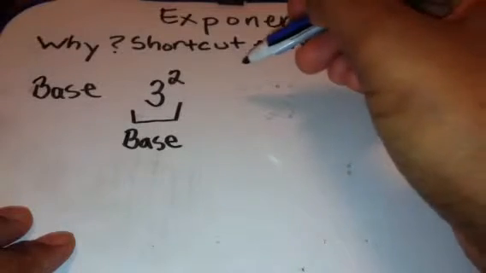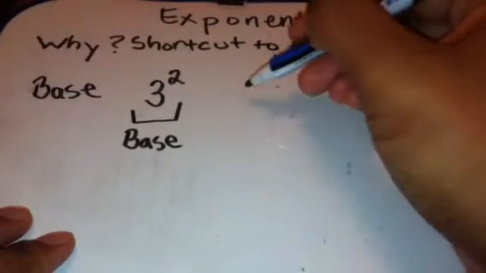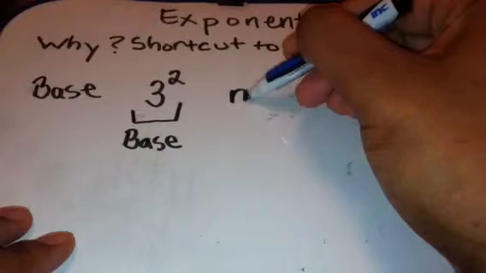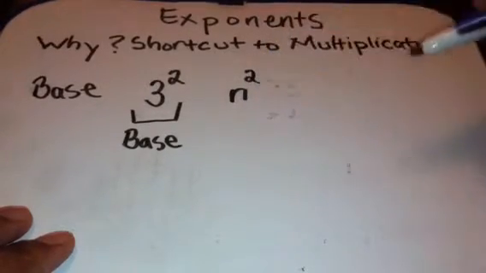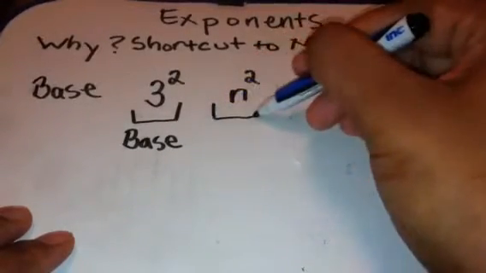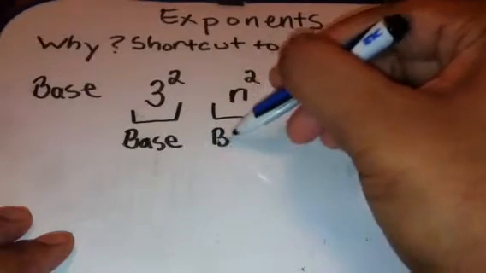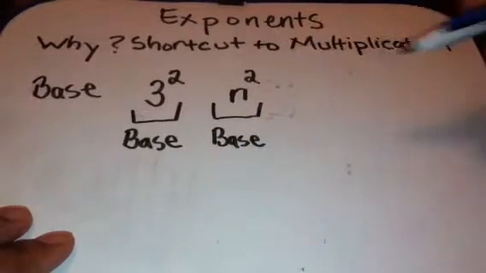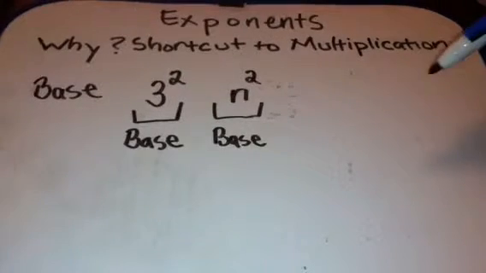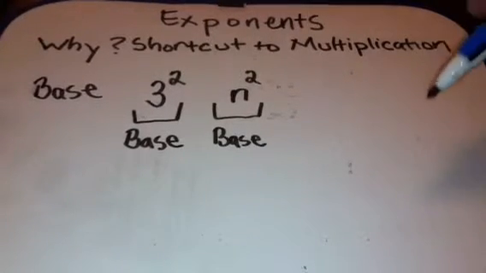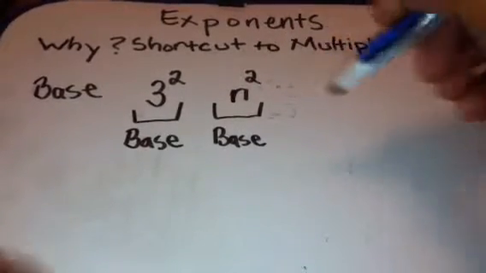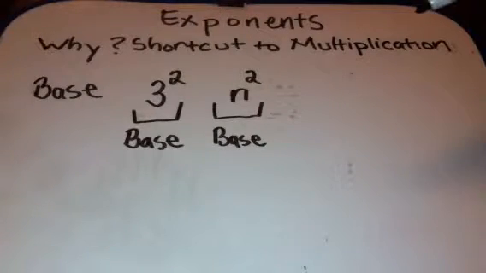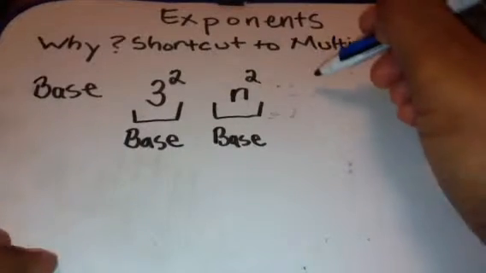If we're going to square a variable, then it would look like this: n squared. And our base in this case would be n. Now sometimes you have a number and you are raising it to a power that is unknown at that time, and so a variable will be used to represent the exponent.